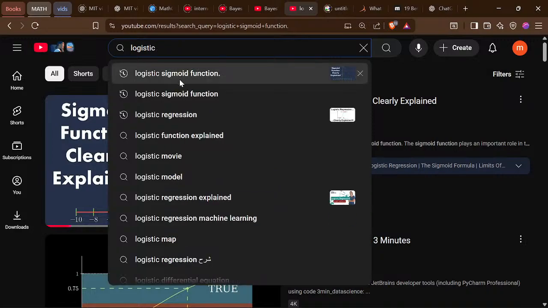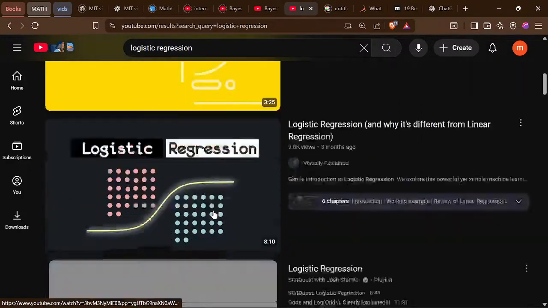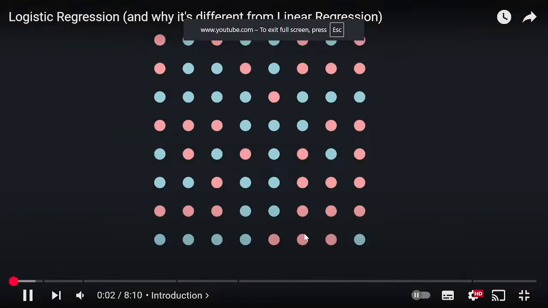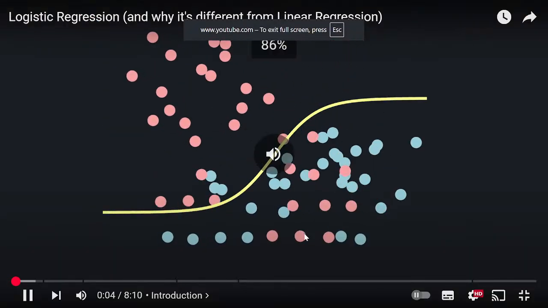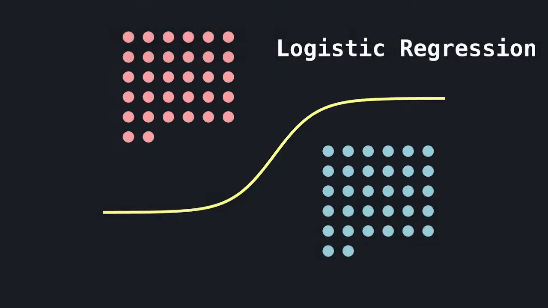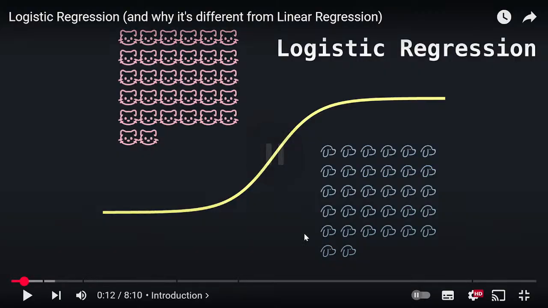Logistic regression. What is it? Hello everyone. In this video, we will see how logistic regression can be used for classification tasks in machine learning. Things like classifying a picture as a dog or as a cat.